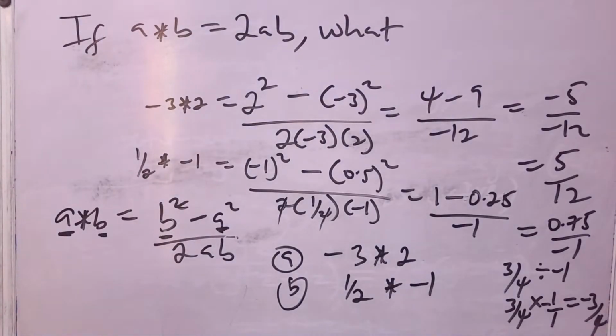Does it make sense? Okay, good. So this question I was writing before the feed went out, and we have an operation defined on this, a star b equals 2ab.